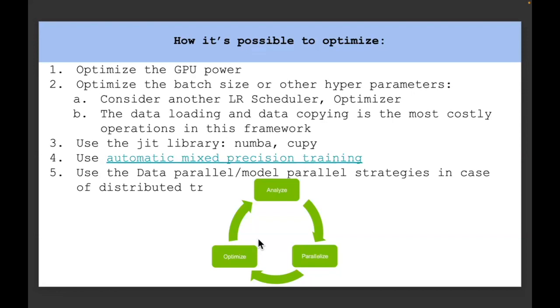It's also possible to use data parallel and model parallel strategies in case of distributed training, but it was not analyzed because we didn't have multiple devices for this.